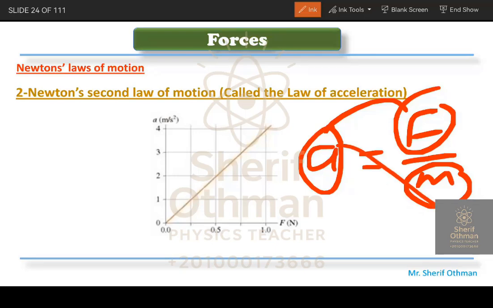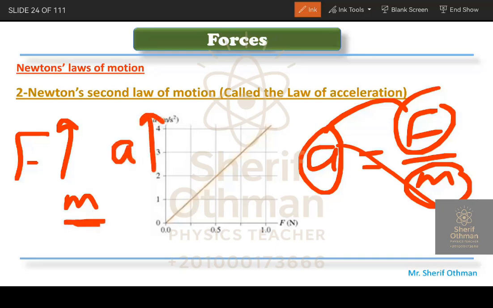So the relation between a and F is a direct relation, while the relation between a and m is an inverse relation, which means as the force applied on the object increases at constant mass, the acceleration of the object will increase. While as the mass of the object increases at constant F, the acceleration of the object will decrease.